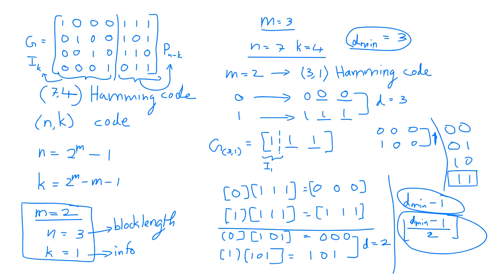Again, because the d min value is very small here, the Hamming codes have very limited capability to detect the errors. So generally, the Hamming codes are used only for very good channels, where the channel has less noise. When the channel has more noise, the Hamming code will be pretty much useless.